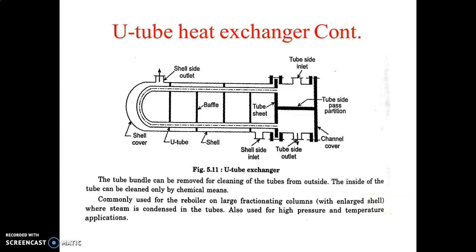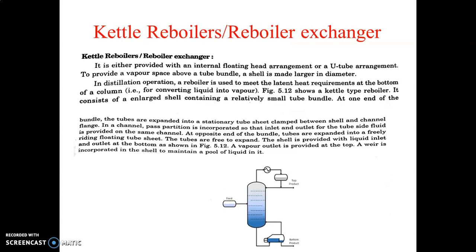Then our next heat exchanger is the kettle reboiler or reboiler exchanger. It has two types, the internal floating head arrangement or the U-tube arrangement. What is the difference between this and the others?